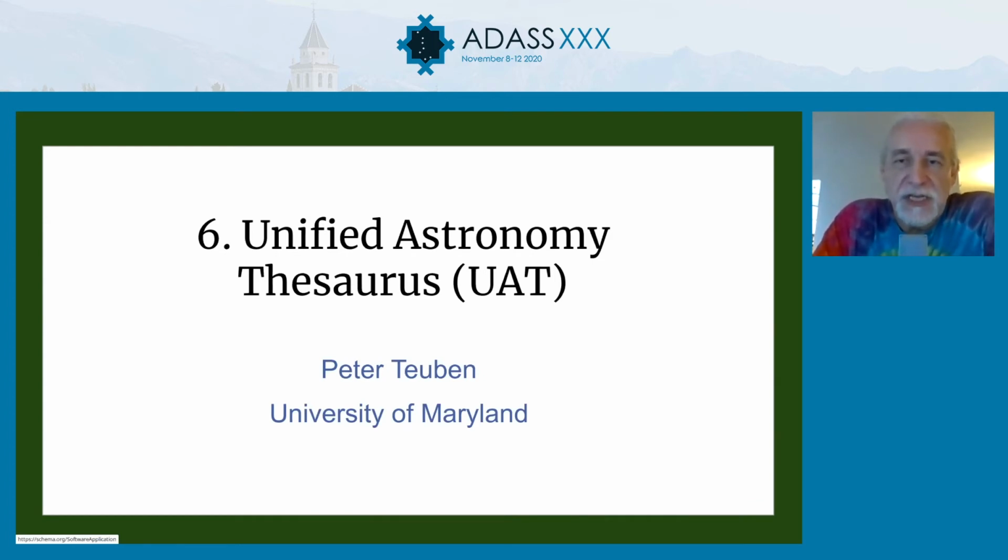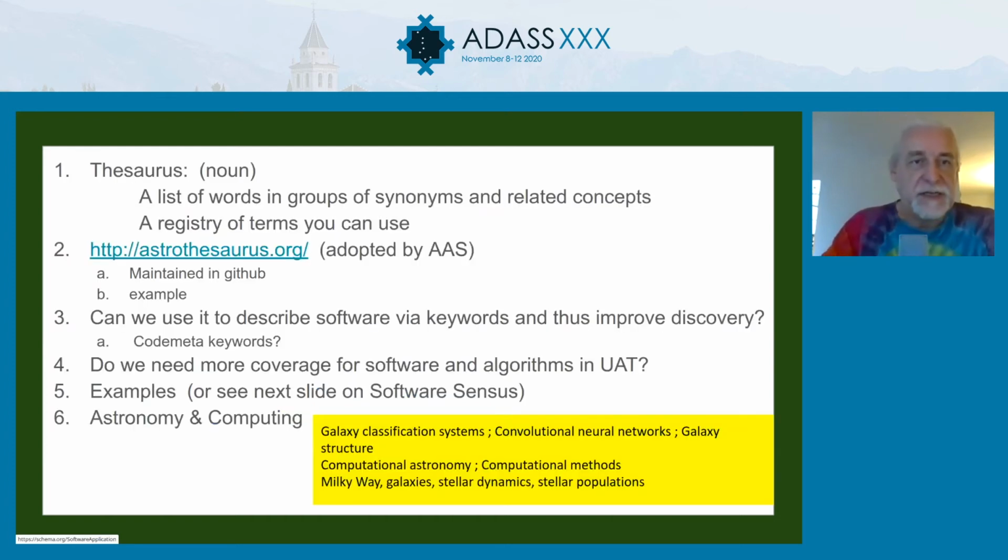So that's the UAT, formerly known as the IAU Thesaurus, I guess. And there's a bunch of them, and they were unified in a thesaurus. And if you go to the top of your typical science paper, you see the keywords, right? And you see some example there at the bottom in yellow.